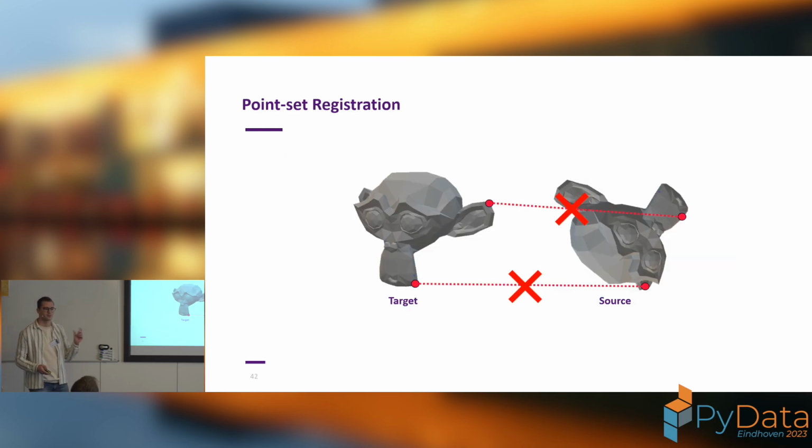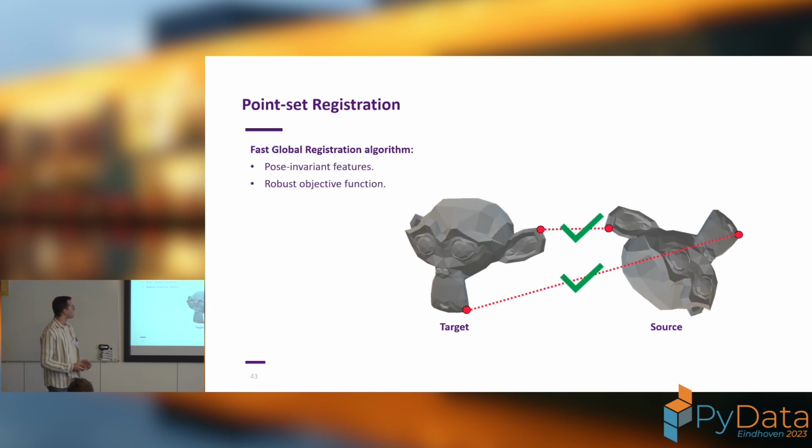But you can already probably imagine that things will go wrong if your object is, for example, rotated 180 degrees, because then it will be difficult to match the correct correspondences. In those cases, you will often converge towards some sort of local minimum where you will not get the objects aligned. So for this, we need a different version of the algorithm. What is important here is that instead of using distances to match points, they use so-called pose-invariant features.